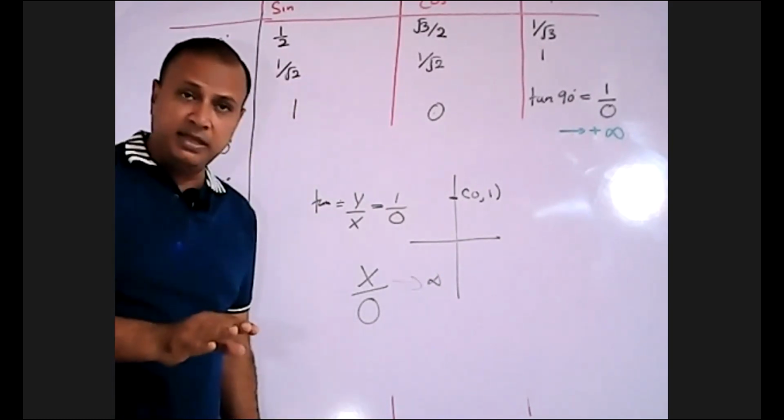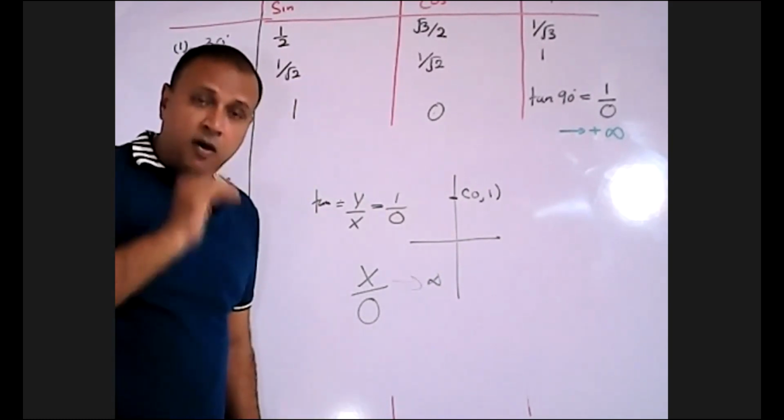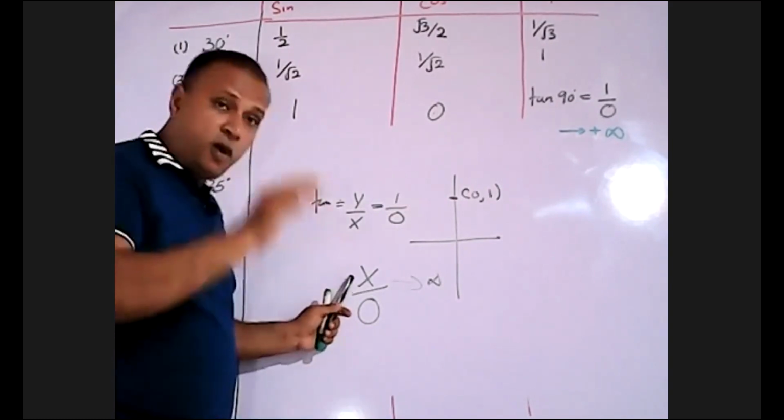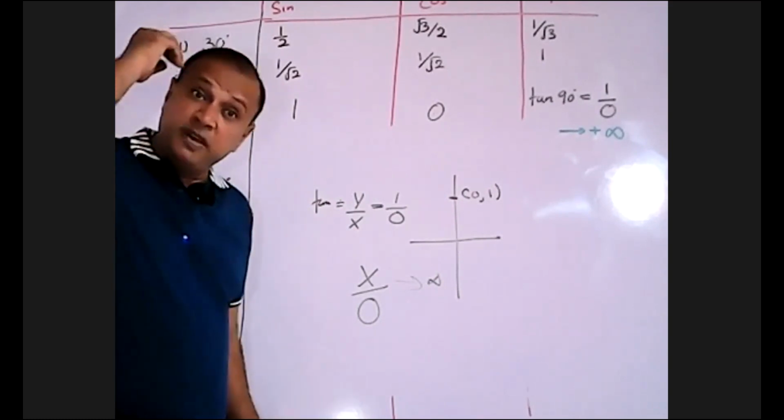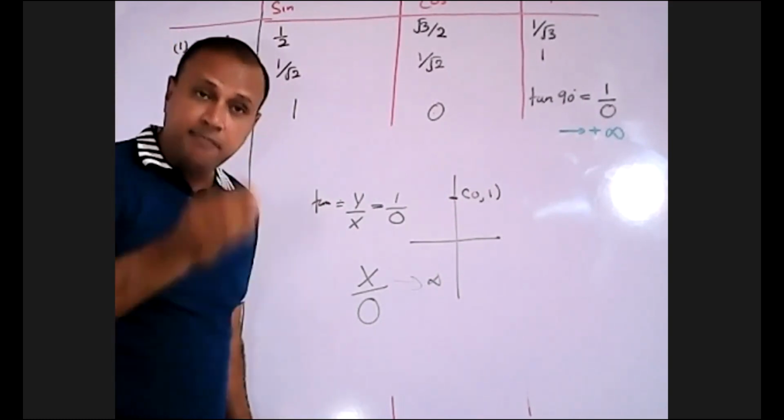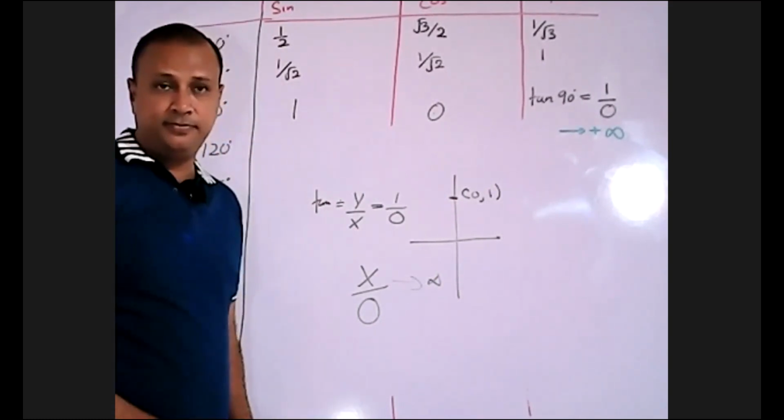If we want to divide any value by 0, it will be a very huge number, but that cannot be determined.